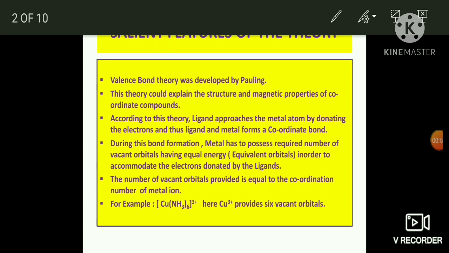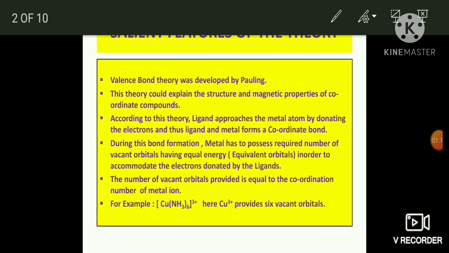In order to provide vacant orbitals of equal energies, the metal will do so only after the process of hybridization. Thus, vacant hybrid orbitals are provided by the metal atom to accommodate the electrons donated by the ligands. And the number of vacant orbitals provided must be equal to the coordination number of the metal ion.